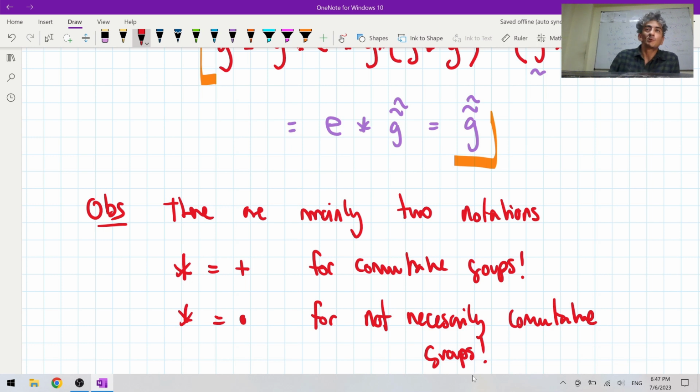So it's way easier for us to use the dot notation. The star symbol is kind of complicated sometimes. So from now on, we're going to stick to the multiplicative notation, and that does not mean that we're talking about commutative groups. Multiplication will cease to be commutative unless specifically said. Okay?